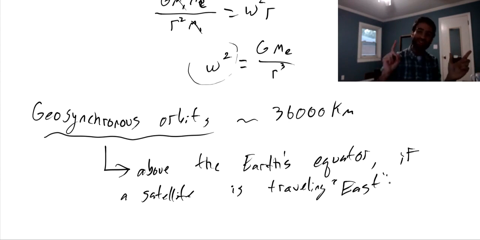To an observer on the ground, it will look like the satellite stays exactly above the same spot of the Earth all of the time. That's the mechanism by which you can have geosynchronous satellite orbits. You don't need to constantly exert forces to keep a satellite in the right spot. You just need to launch it into a trajectory that's at the right distance away from the Earth, above somewhere on the equator.